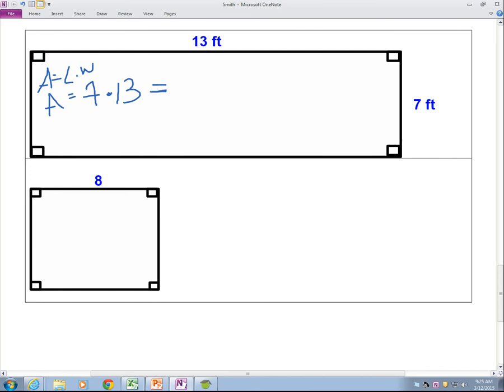And I'm going to use the distributive property to do this, because I know that seven times 10 is 70, plus 21 is 91. Oops, it's feet. Feet squared. The distributive property is a way to make it work.